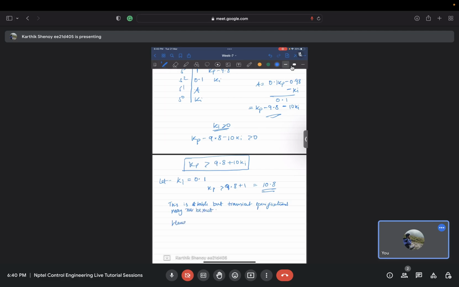Hence, add a derivative term. Okay, cool. So then we'll add a derivative term, and all my transient and steady state specifications will be met. We'll see this in MATLAB.